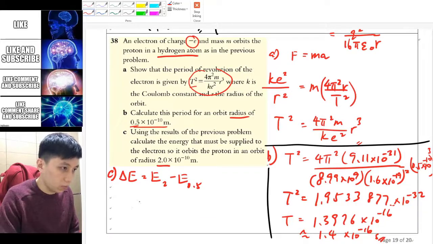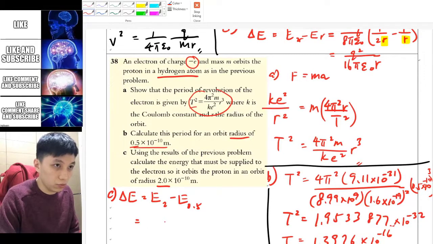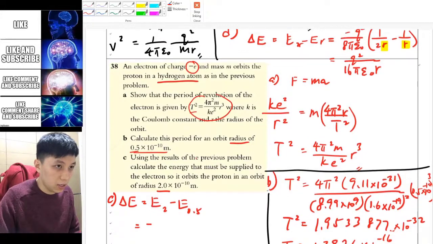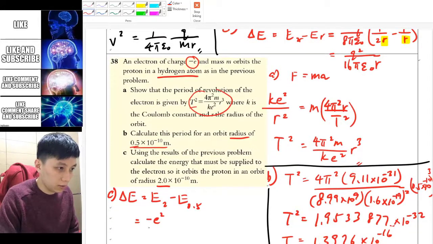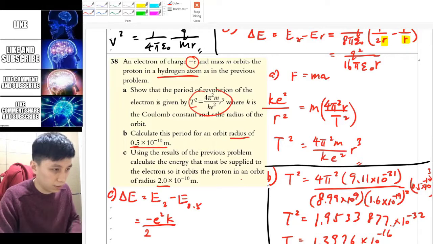Again, I would recommend you take out negative e squared over 8 pi epsilon naught, or we can do 2k simply, because you can find k directly and don't have to press that many buttons.